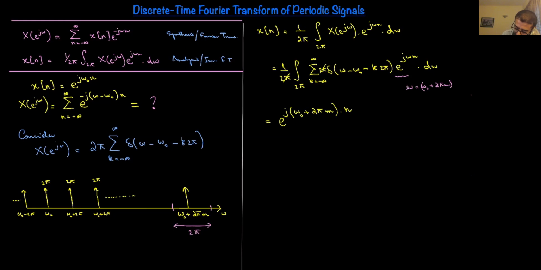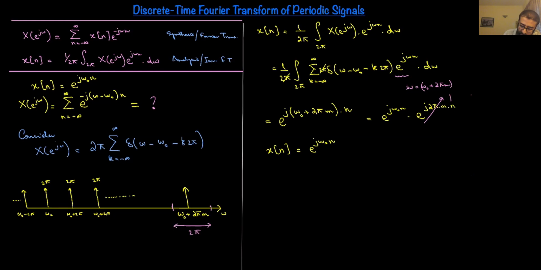So this is e raised to power j omega naught n times e raised to power j 2 pi times some integer, and that must be equal to 1. So what we've been able to verify is that x of n is indeed equal to e raised to power j omega naught n.